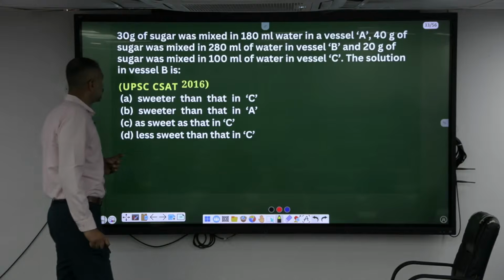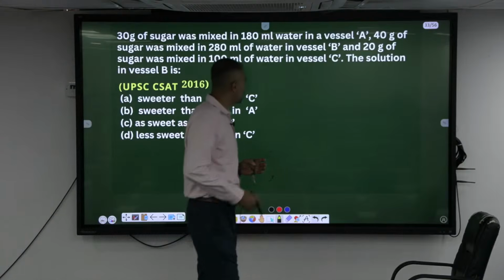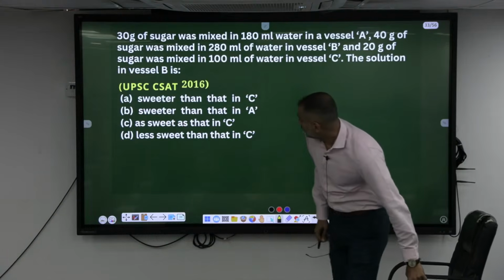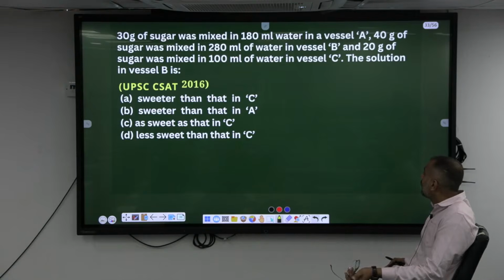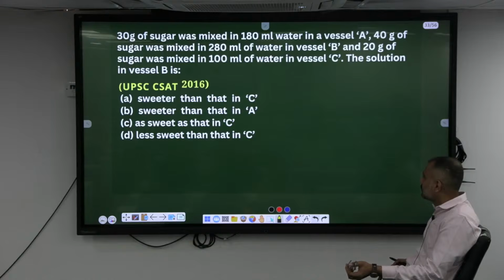30 gram of sugar was mixed in 180 ml water in a vessel. 40 gram is mixed in 280 ml of water. 20 gram is mixed in 400 ml of water. Which of this is sweeter or sweeter than, as sweet as?